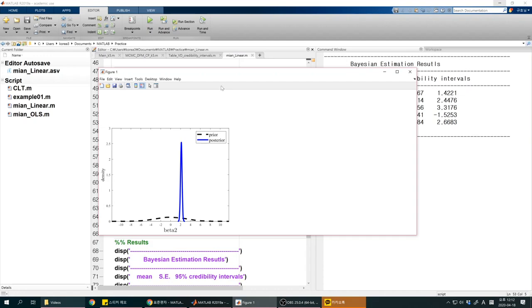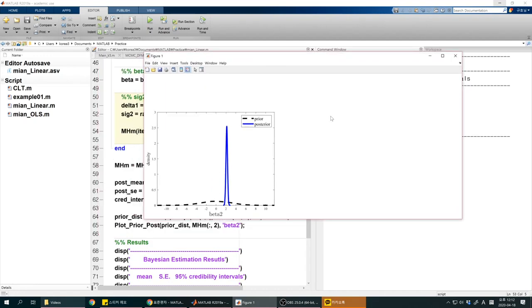Okay. Again, let's take a look at this figure. This black dashed line is what? Prior. This is my prior distribution. Roughly the mean is 0, but it could be any value between -4 or -6 and 6, but these areas are just small tails.